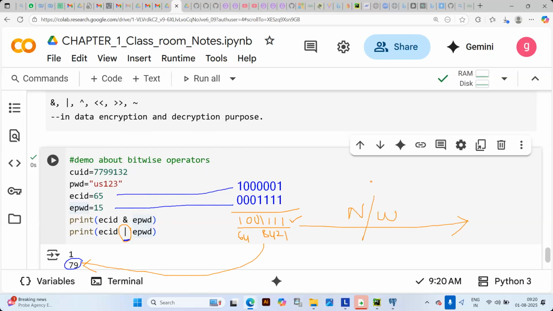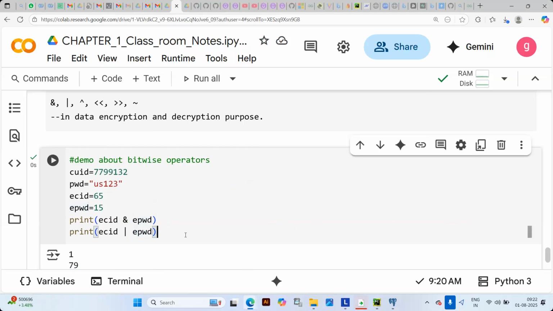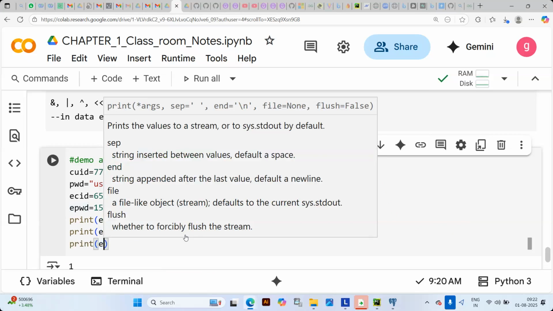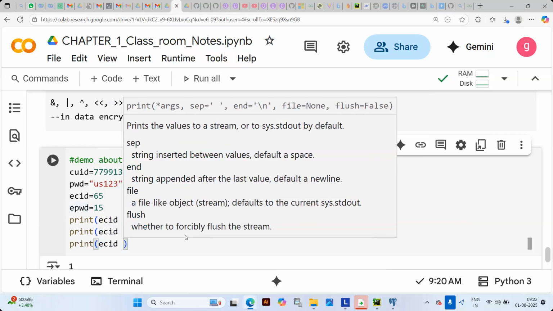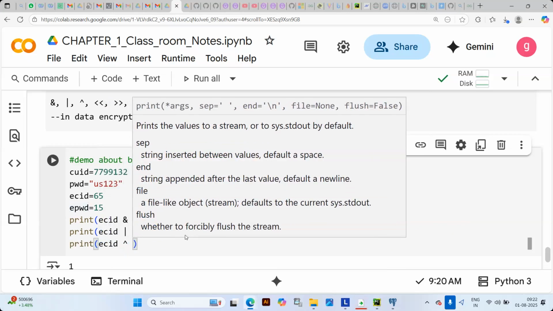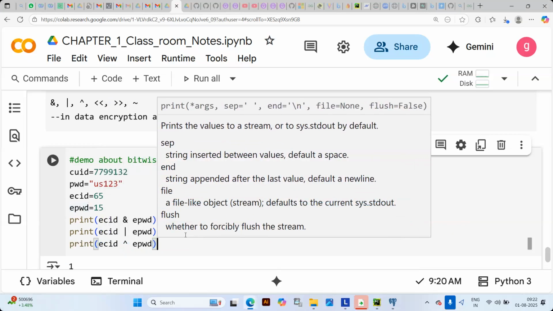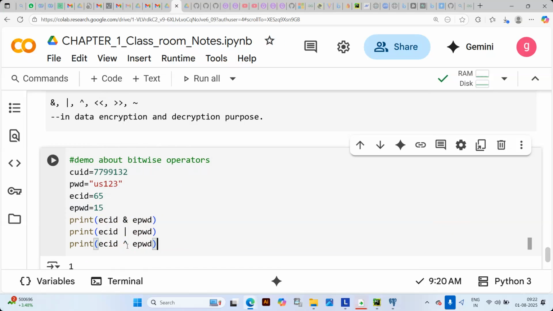In a similar way, some applications might use the bitwise exclusive operation on CID and password. There is a caret operator called bitwise exclusive OR. The phenomenon followed by bitwise exclusive OR is that if the inputs are dissimilar, it produces true as output, else false.